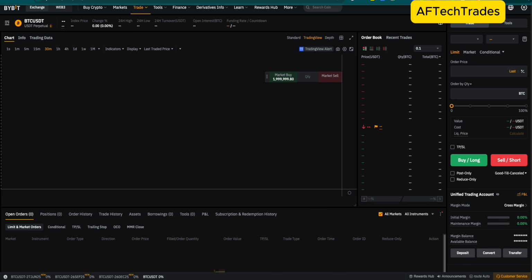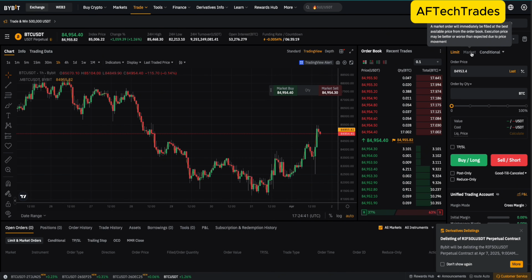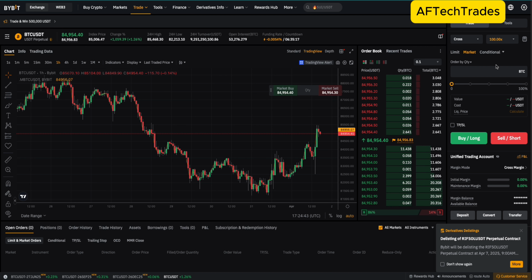But with this, you can use leverage, meaning you have, let's say, 1,000 USD, but you can buy more than 1,000 USD. You can buy up to 5,000 USD, depending on the leverage you select.